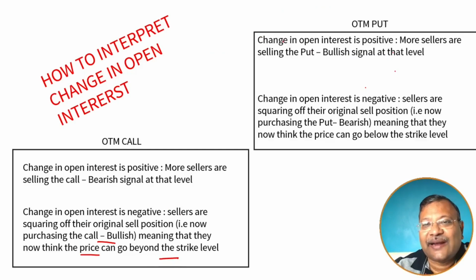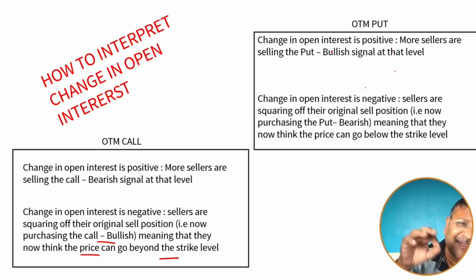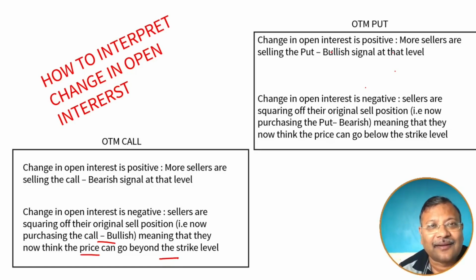Similarly, let's look at the OTM put. If the change in open interest is positive, that means there are a large number of fresh sellers coming in and selling the put. Now, remember, selling the put is a bullish strategy. So a positive change in open interest indicates that a large number of sellers of put are coming in at that level, and this clearly gives us an indication that a large number of knowledgeable people are thinking that the price will not go below this point.